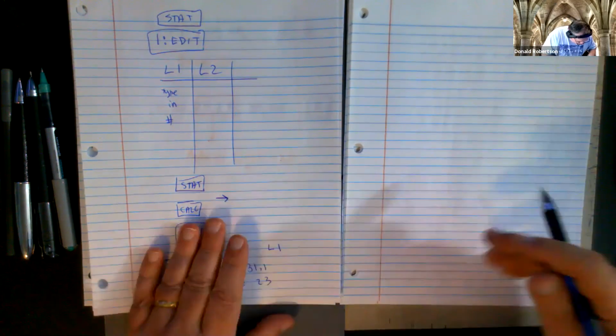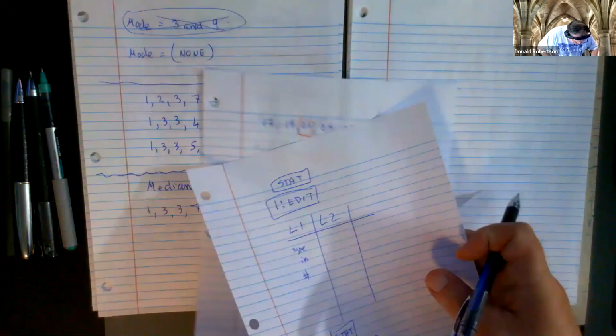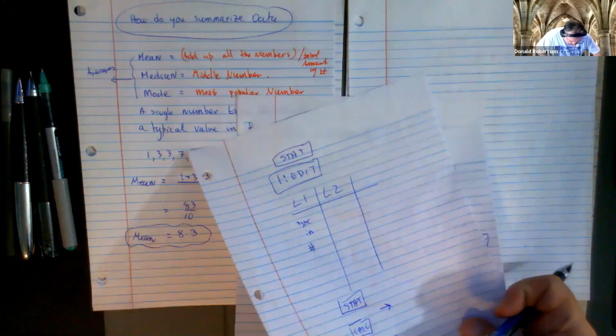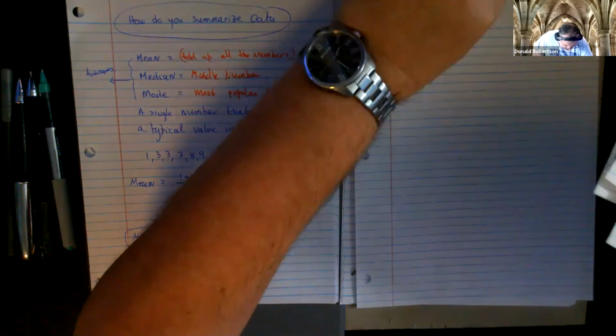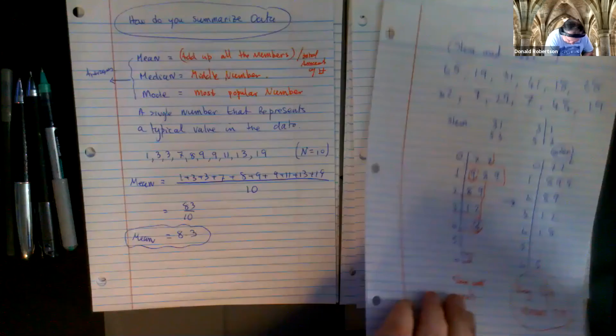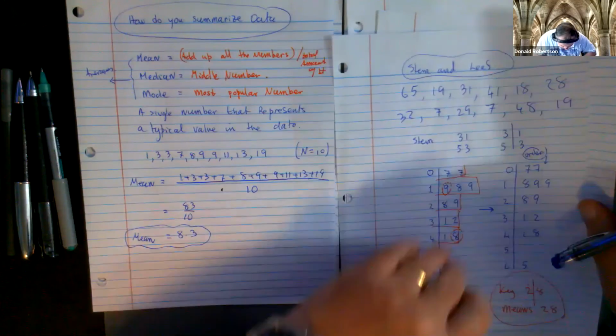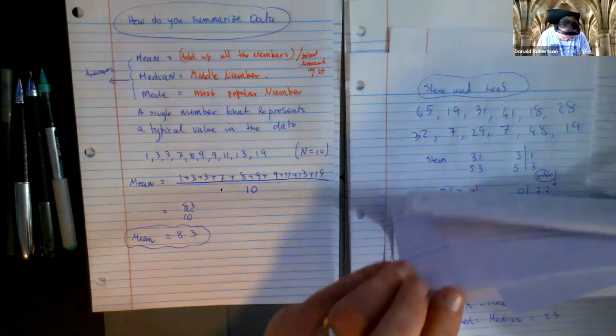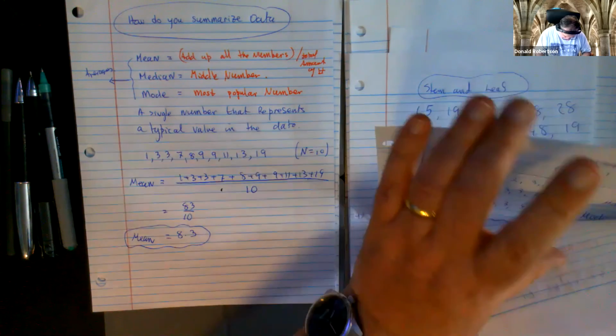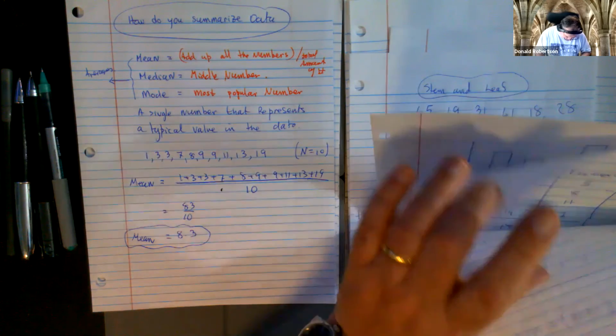So why don't I collect some data that I already got from you, if I can find it. Bear with me for a second as I scroll through my multitudinous pieces of paper.